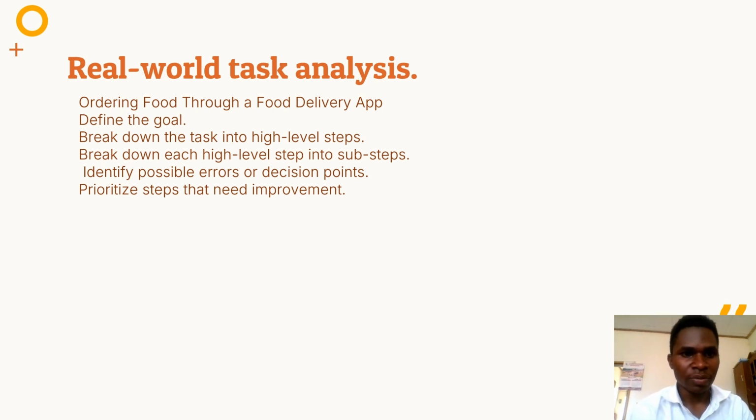Then breaking down the tasks into high level tasks. Then we break down the high level tasks into subtasks. Then identify the possible errors or decision points, which we call the pain points. Then prioritize the steps that need improvement. Okay, thank you for now.